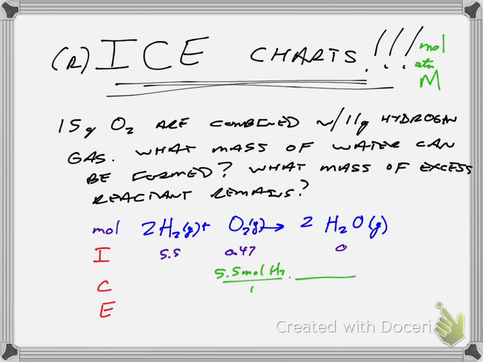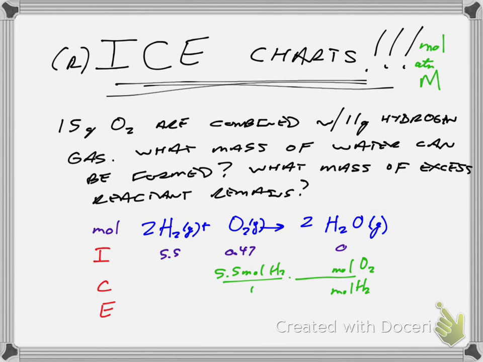So we start off with, we're going to convert moles of hydrogen into oxygen. I write 5.5 moles of hydrogen over 1. Of course, I want the moles of hydrogen to go away, so I'm going to put that on bottom in my next term. And then I want to convert it to moles of oxygen, so that goes on top. And then, of course, you learned last year that the numbers that go with those are the whole number ratios, the mole-to-mole ratio, which comes from the coefficients of the balanced chemical equation.